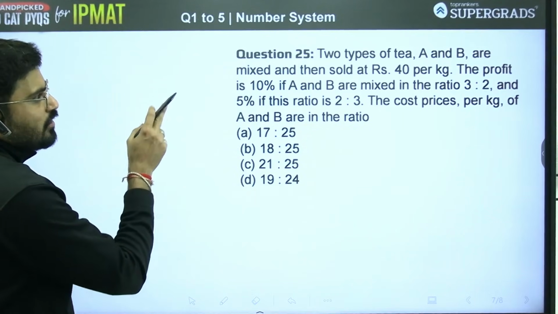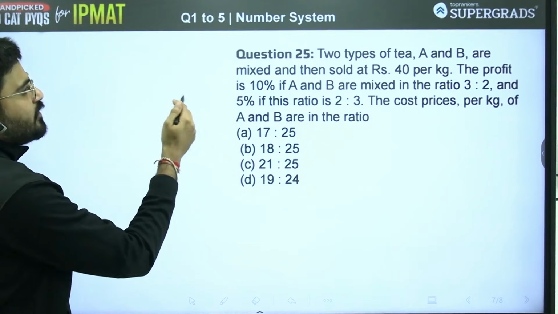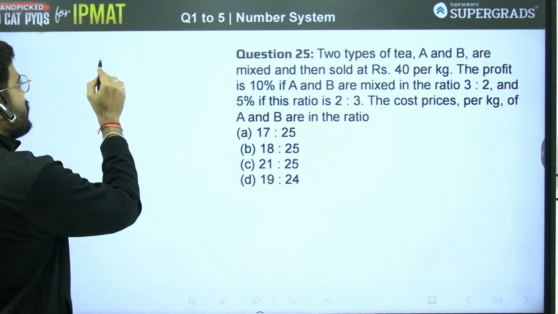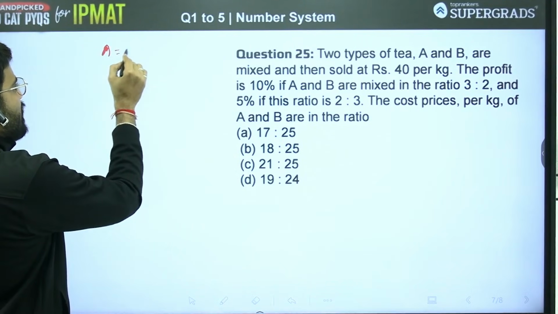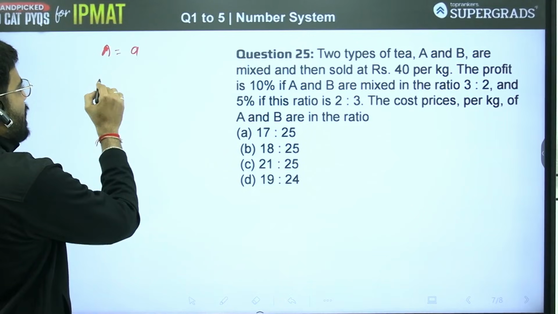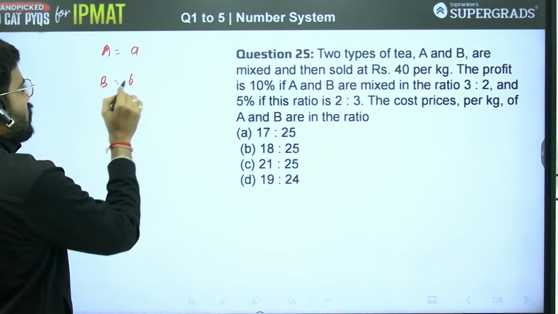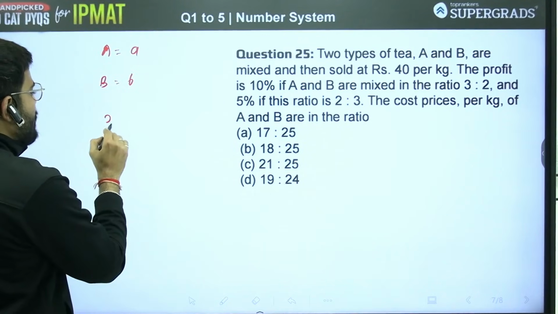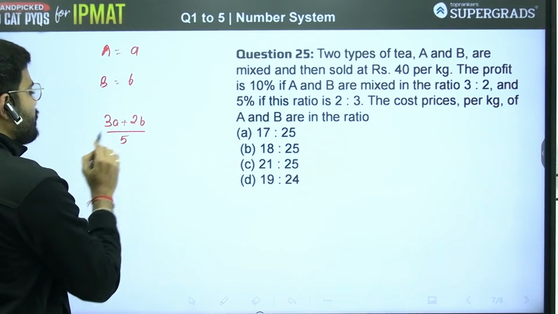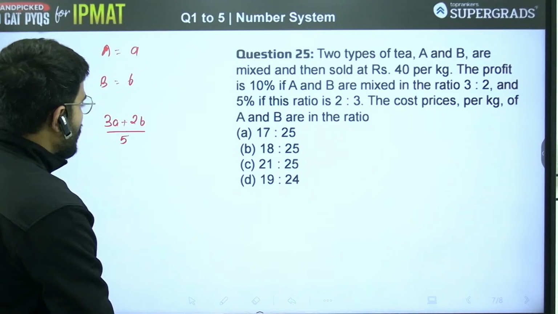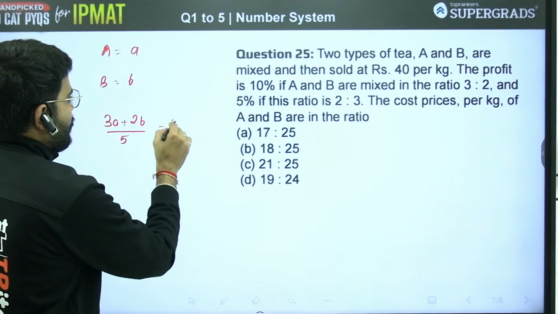So the profit is 10% if they are sold at 3 is to 2. So let the price of A be small a and price of B be small b. If the ratio is 3 is to 2, so I'm adding 3A plus 2B upon 5. Got it? And it is sold at 40 rupees.